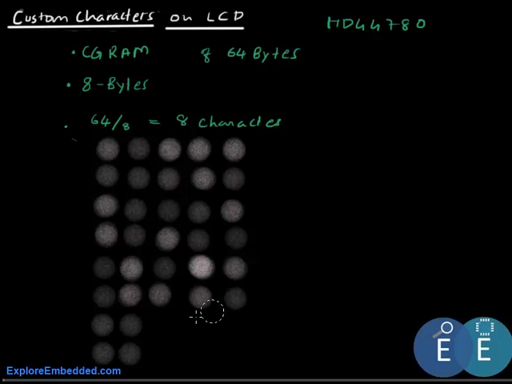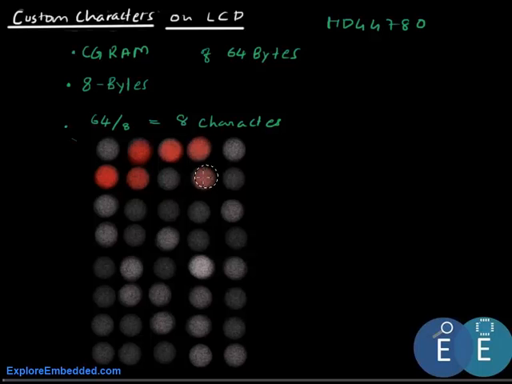Now say for example we need to display, let's say, a battery. So the symbol for a battery should be something like this. All these dots or pixels should glow, and the ones that are gray are turned off.